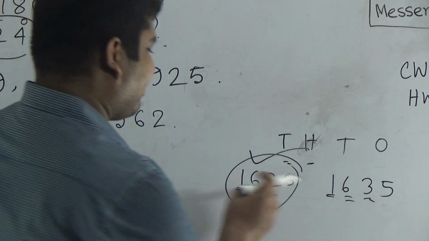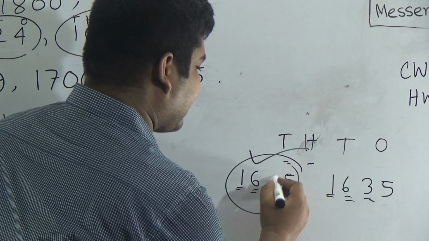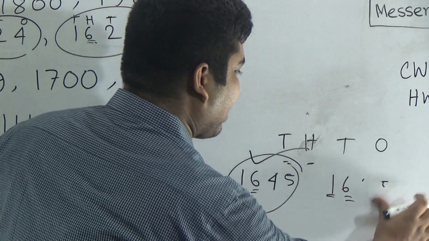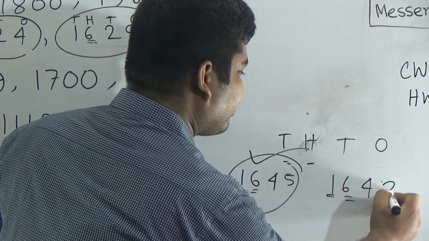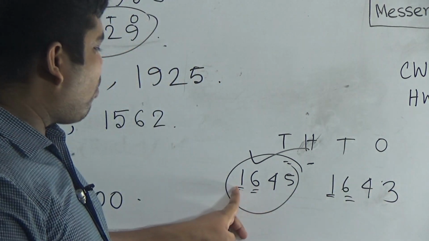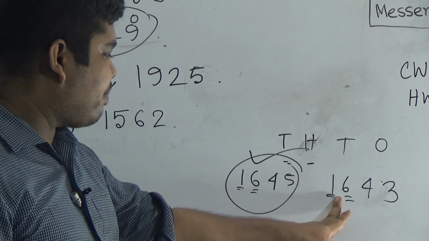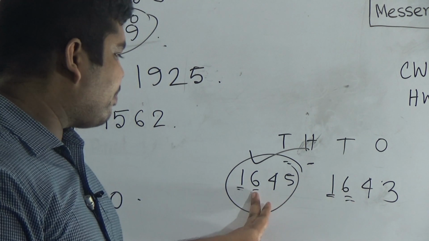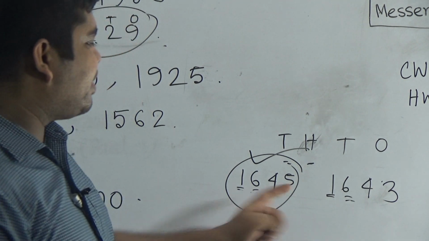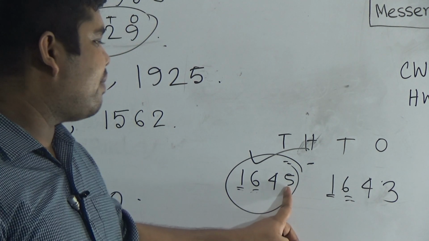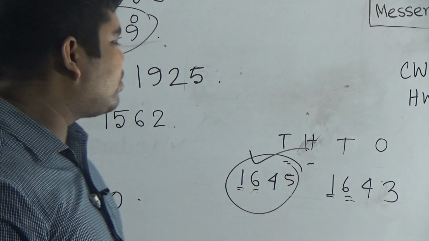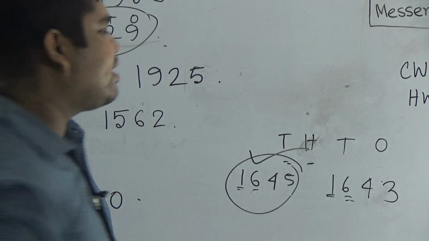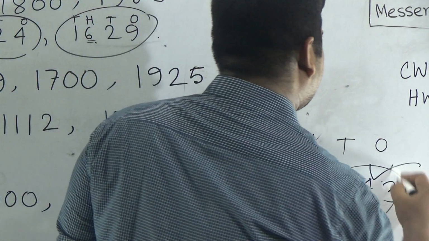Just like if tens place number is same, that means 4, 5 and 4, 3. Here you notice 1000 place same, 100 place same, tens place same. Then you notice the ones place. Here 5, here 3. So from these 2 numbers, which one is the smallest? The smallest one is this one.